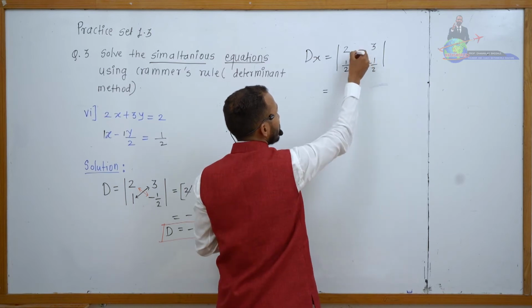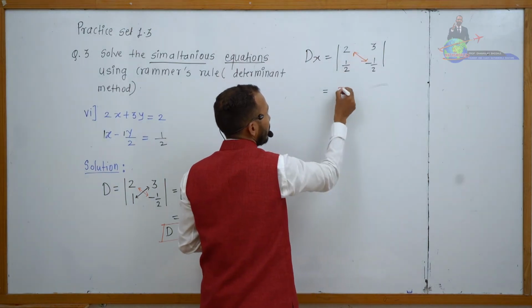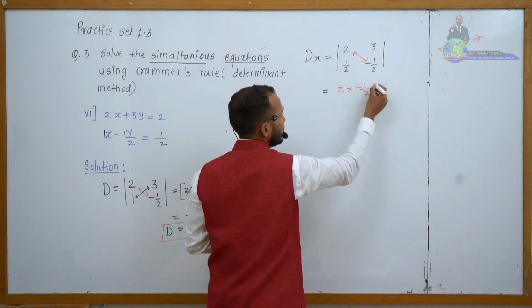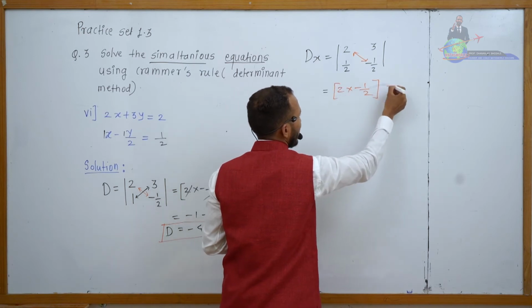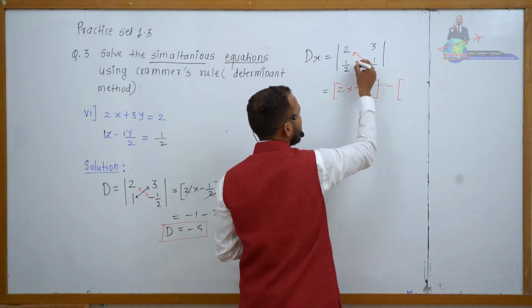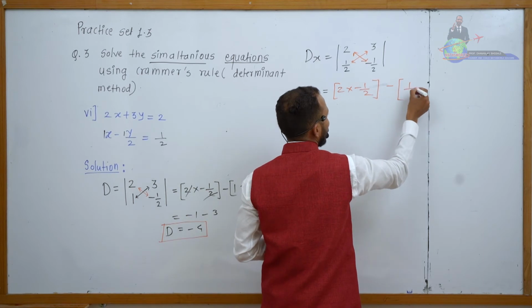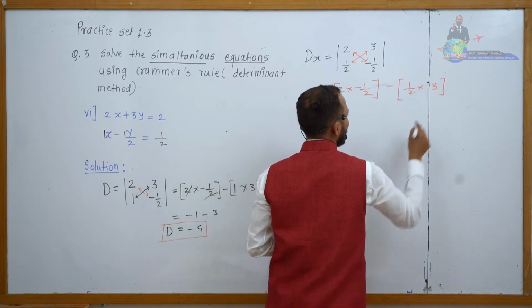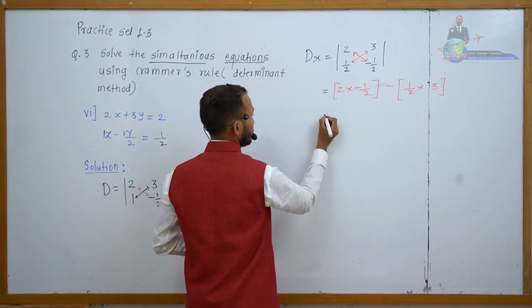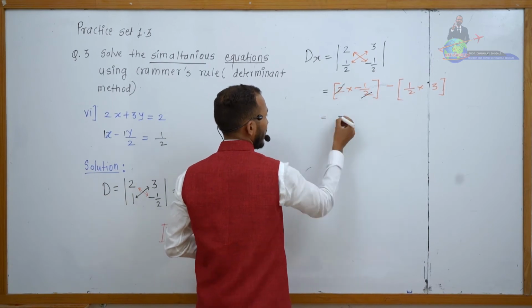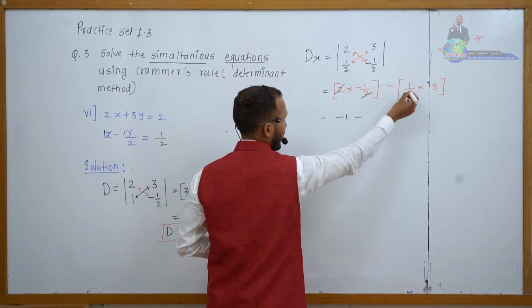Here we get 2 multiplied by minus 1 by 2, right? Middle sign minus, bracket, the multiplication of these two: 1 by 2 multiplied by 3. What is the answer? 2 cuts, here is minus 1, middle sign minus.